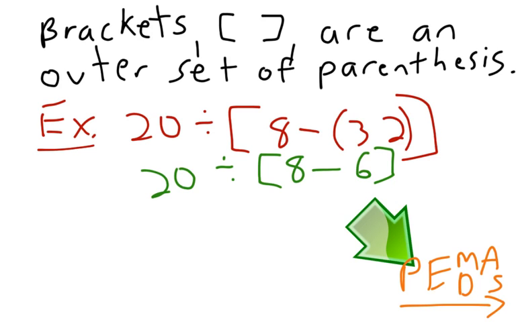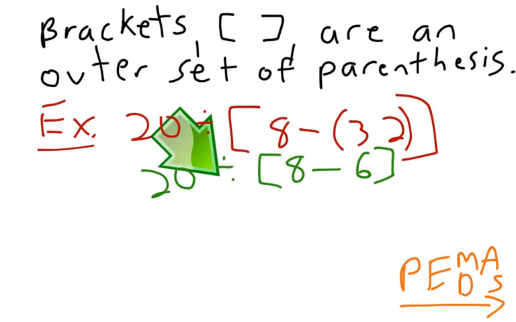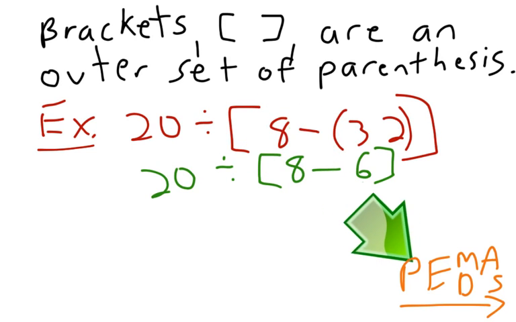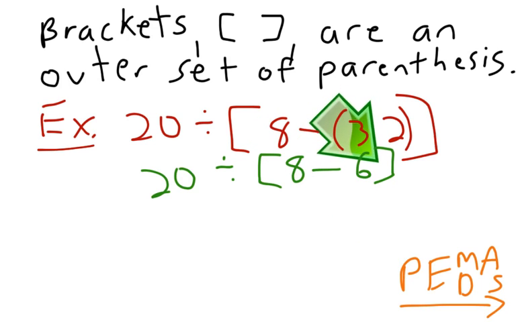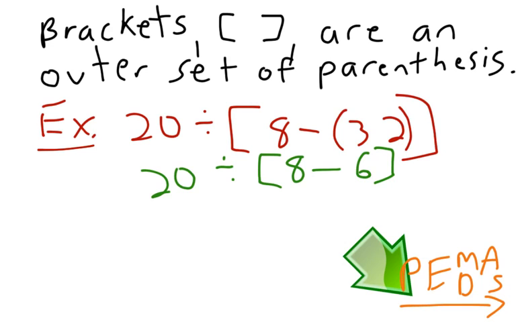Now, remember, parentheses and brackets are the same thing. So I have division, parentheses, and subtraction. I still do parentheses first. So 8 minus 6 comes next, and 8 minus 6 is just 2. And now I'm done with those brackets or parentheses, so it's 20 divided by 2. And 20 divided by 2 is 10.